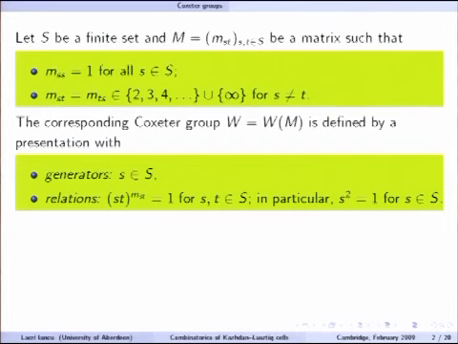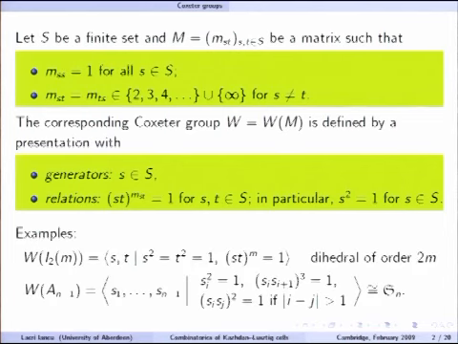These numbers, the entries of the matrix, will represent the order of the product ST in the group W. So the corresponding Coxeter group is defined by a presentation with generators S and relations given by what we read in that matrix. That is, MST is the order of the product ST in the group W. In particular, every S is of order 2, so we are talking about reflections there.